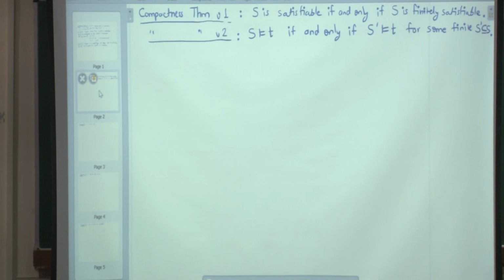Completeness theorem version 2 says if T is a logical consequence of S, then S proves T. So completeness version 2 implies compactness version 2.